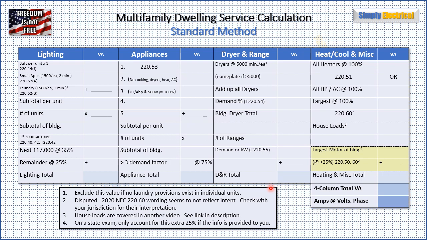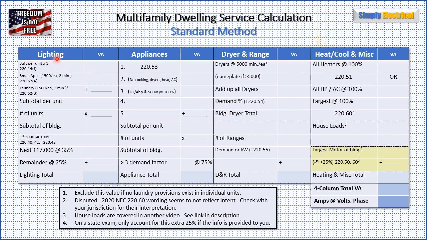Now I've broken it up into 4 columns, and I'll go through it really briefly right now, but don't worry if it's too fast because we're going to take it step by step incrementally throughout this video and show you everything you'll need to know.